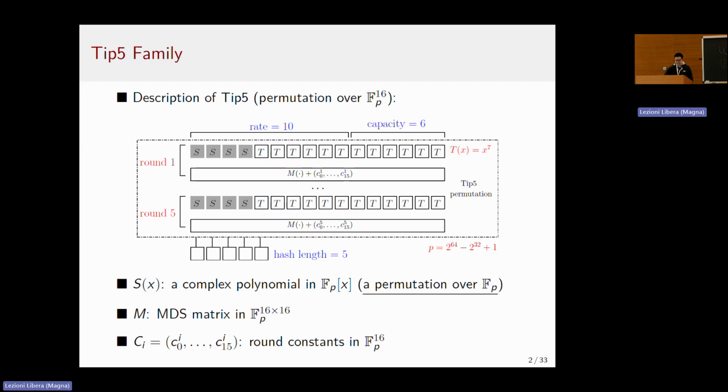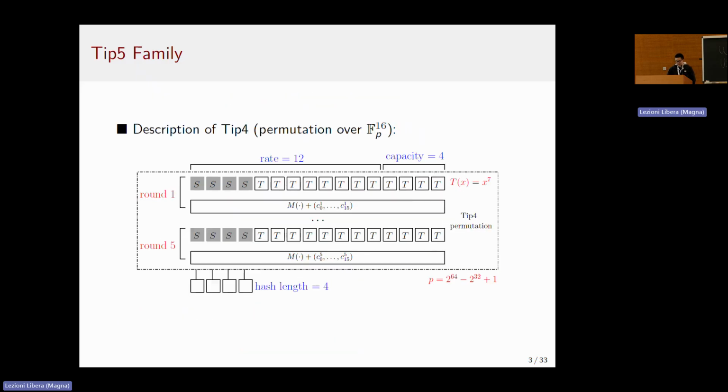I will not give the details of the S-box first. Basically, in the last talk, you should know what it looks like. But what I want to emphasize here is that this S-box corresponds to a very complex and high-degree polynomial over F_p.